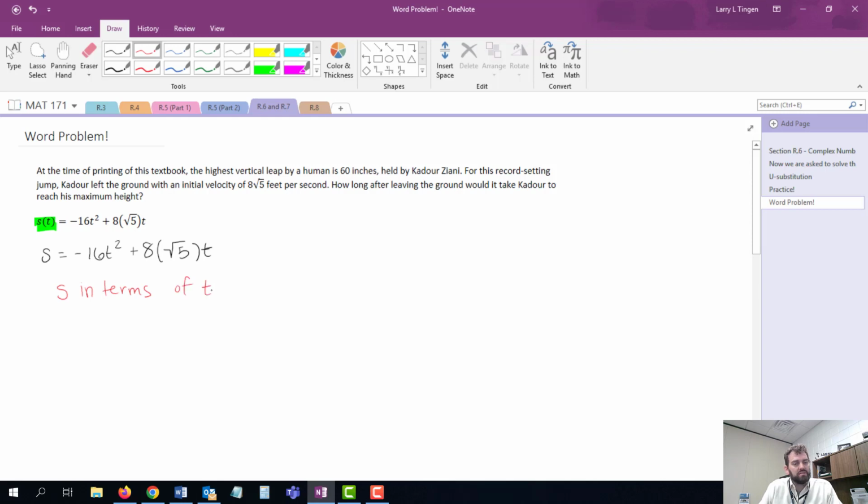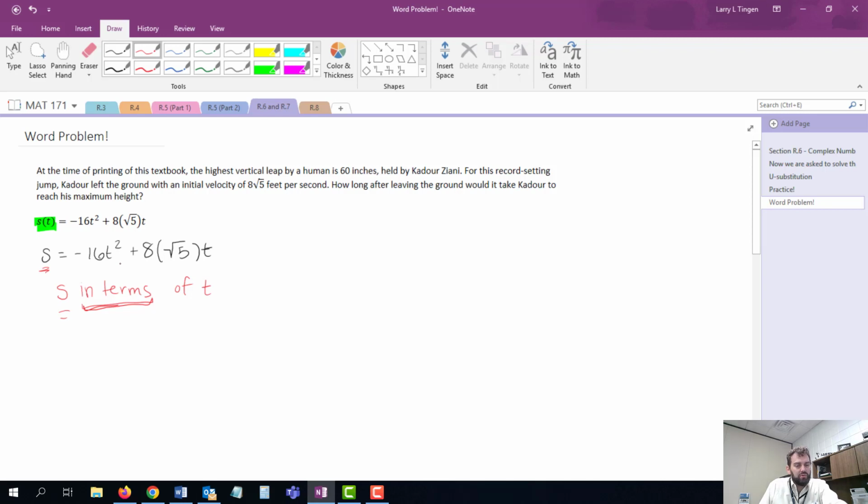Now that just sounds like something someone says in math class and we all ignore, but look at what I've got. Here's s, in terms of t. Remember, terms are separated by pluses and minuses, and in terms of t means I have terms, things that are separated by pluses and minuses, with t's in them. Is that what I have on the right-hand side? Absolutely.